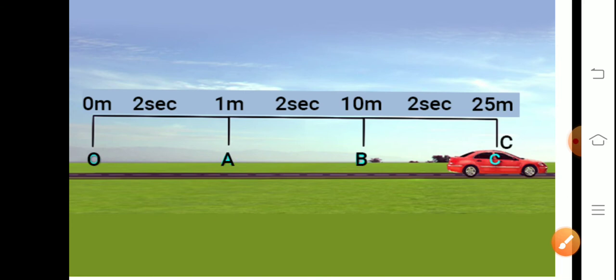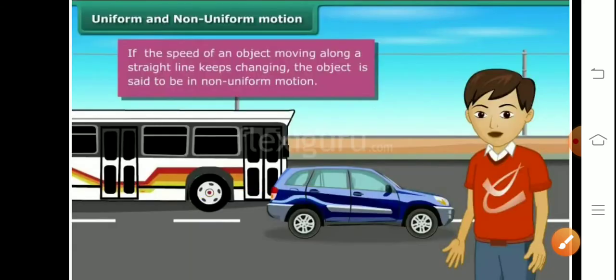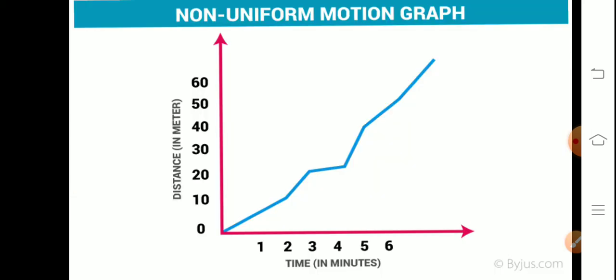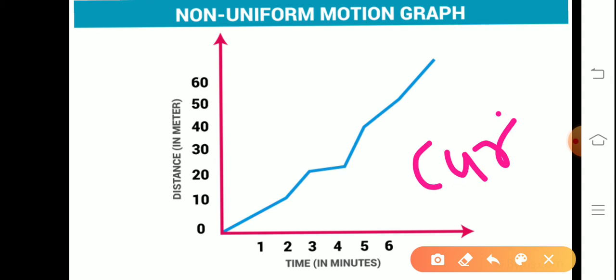Let us observe the graph. Same as before, plot time on the x-axis and distance on the y-axis, and if you draw the graph you can observe a curve. It's not a straight line, it is a curve.